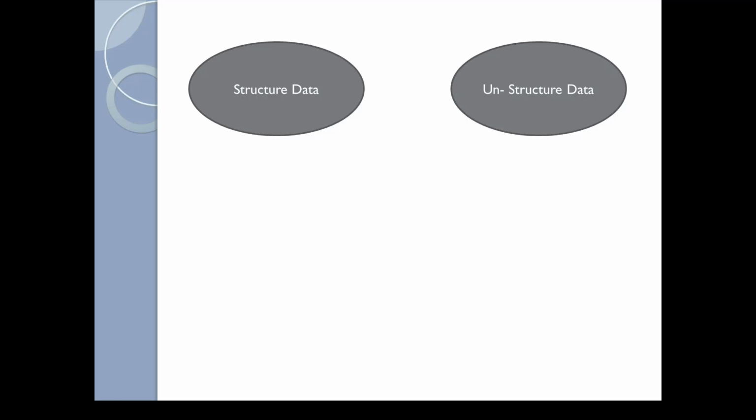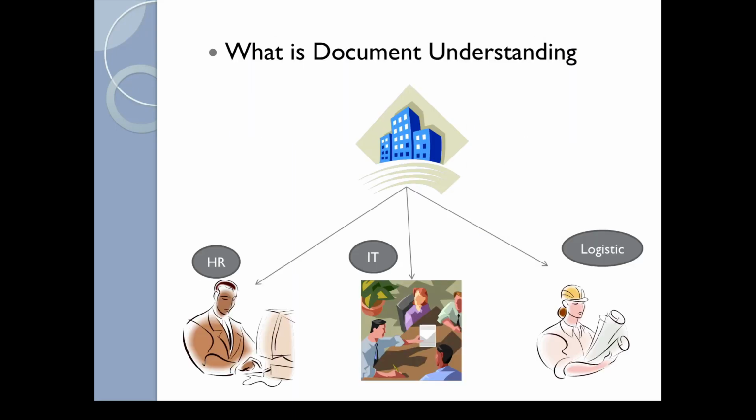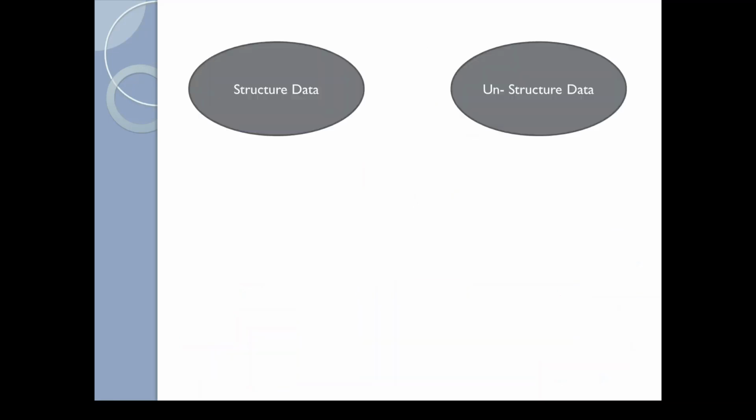But let's understand that they read data from PDFs, documents, and databases, and feed that information to an application in terms of a form, or process that data further. Basically, in an organization each department has its own type of work in which they process information and extract information from different sources.